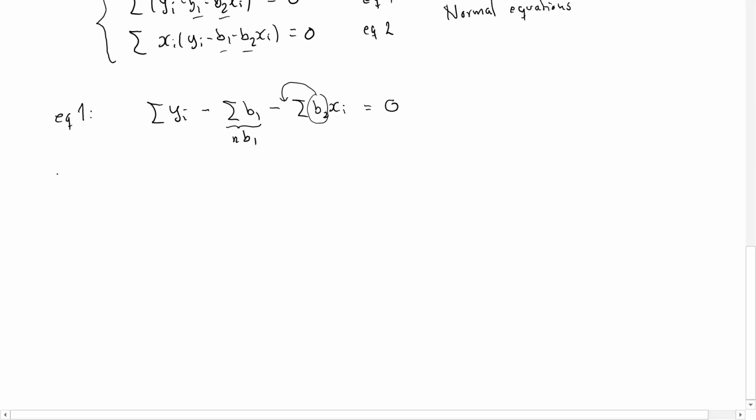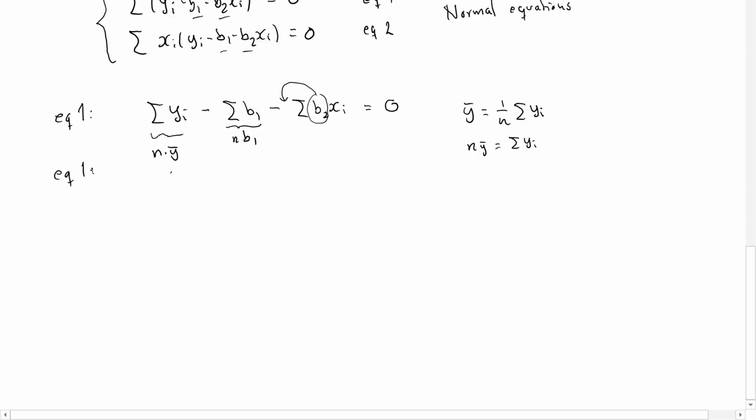And in this sum, this is a constant, so it can go outside. So we can write equation 1 as, well, let's do one more thing. This summation yi can be written as n times y bar. Remember, the definition of y bar as the sample mean is 1 over n summation yi. If you multiply both sides by n, you get n y bar is the summation of yi.